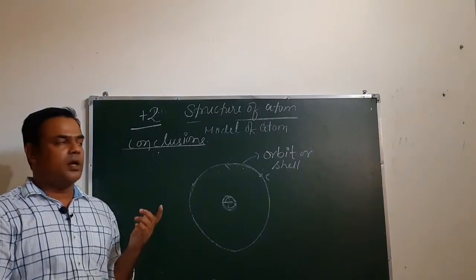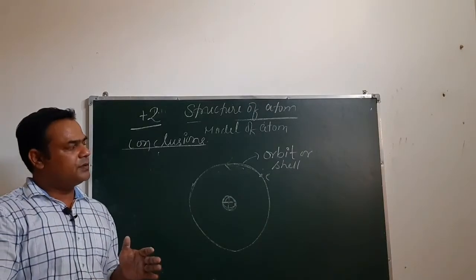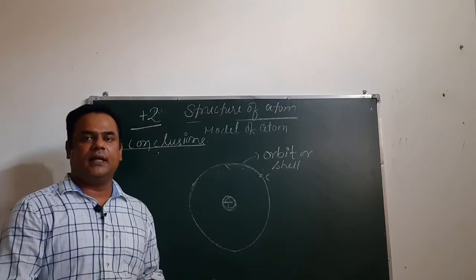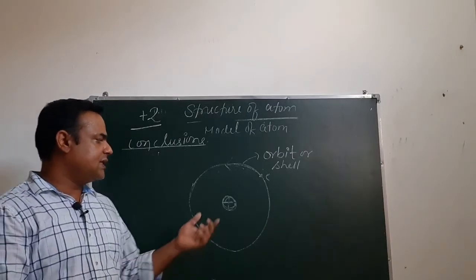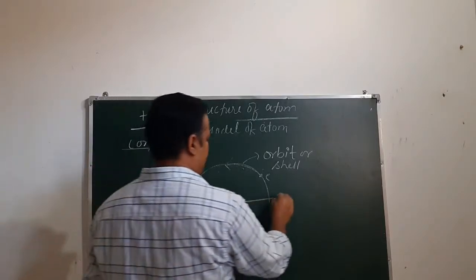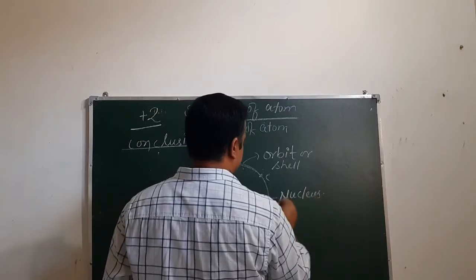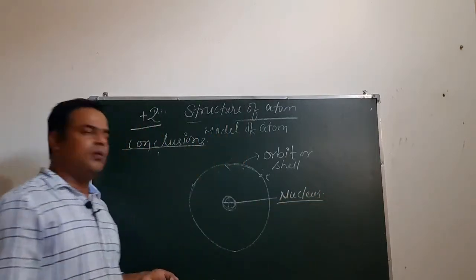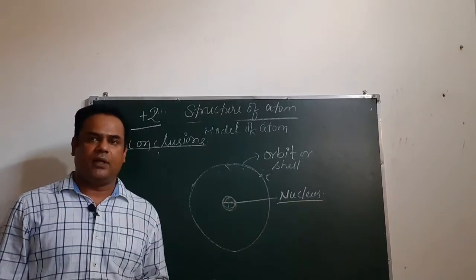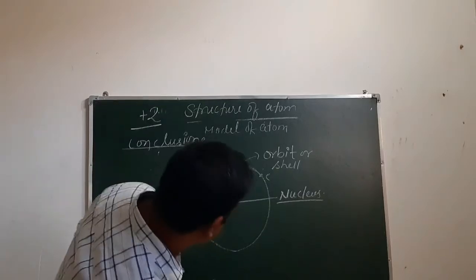But according to Rutherford, only a few deviate from their path, which confirms that there is no uniform distribution of positive charge inside the atom, but the positive charge is located at the center, known as the nucleus, where all the positive charge resides and the whole mass of the atom resides inside the nucleus. So this was the Rutherford model of the atom.